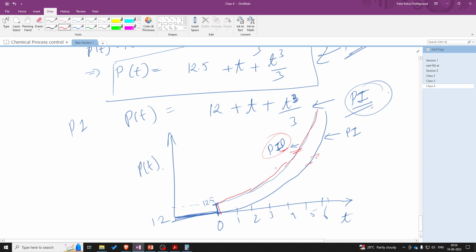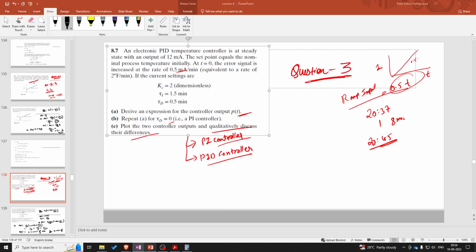We can also say that the derivative term in the controller gives a jump start when the set point begins to change, that the PI controller doesn't have. So due to the presence of the derivative term, we have this jump start over here. So I hope the solution to this question is clear.